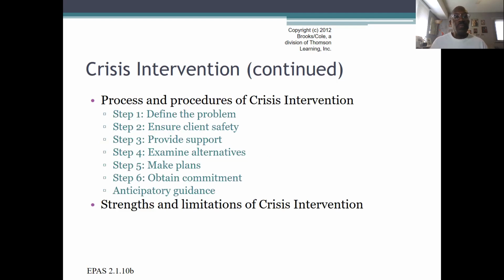So we need to look at this particular process, and these steps are pretty straightforward. Define the problem, making sure that the client's safe, providing the support, examine the alternatives, making a plan, getting a commitment from that particular client about doing that.